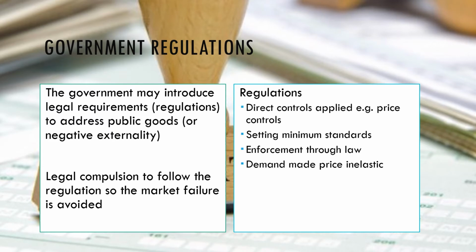So for example, they might have direct controls on price for certain businesses. They might say you can only raise your prices by a certain amount to stop them exploiting customers who have to buy it. They could set minimum standards for quality or maybe for environmental regulations. They can enforce these through law, and effectively they can make demand more price inelastic for certain things like car insurance.